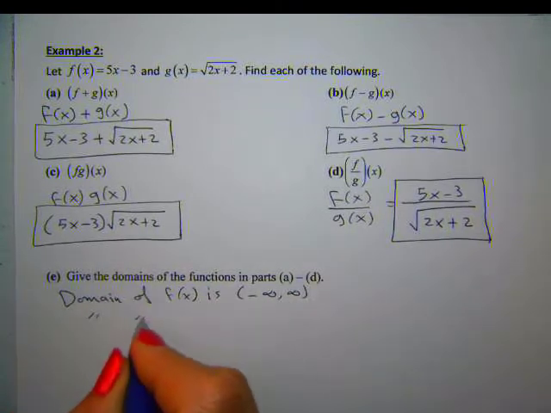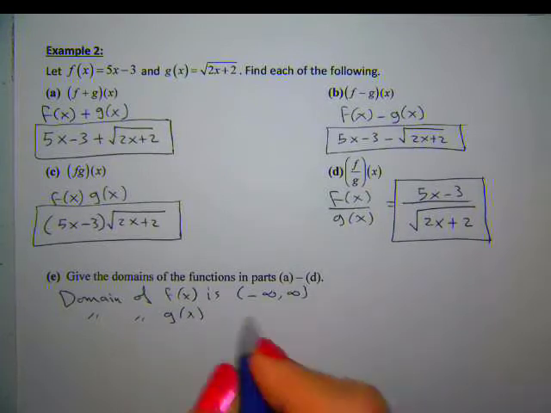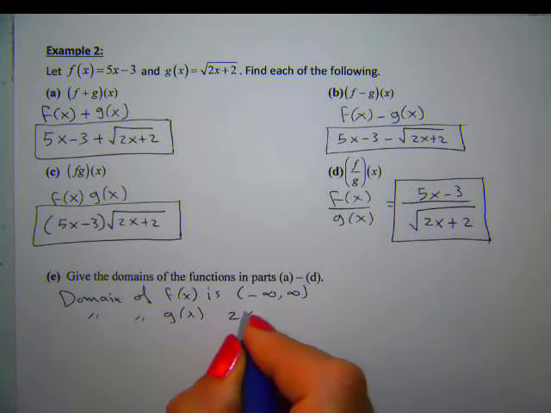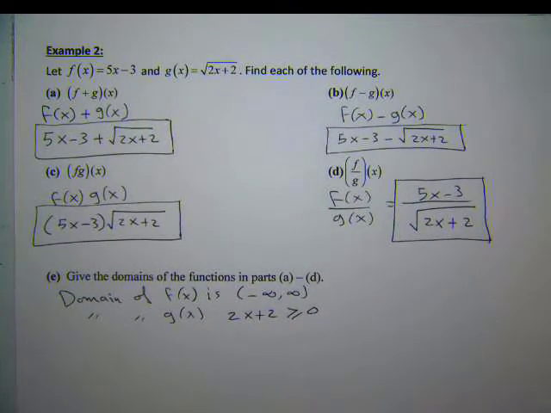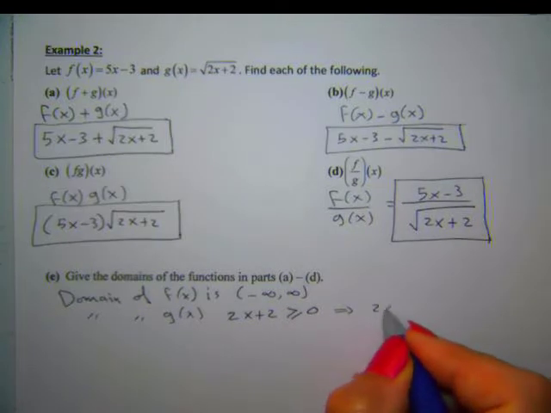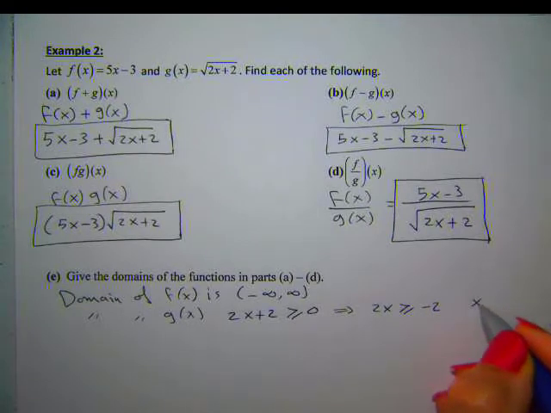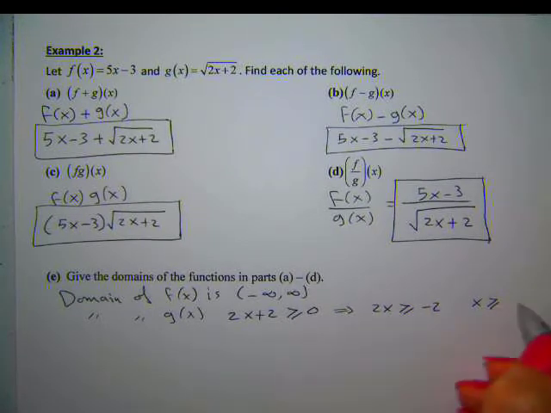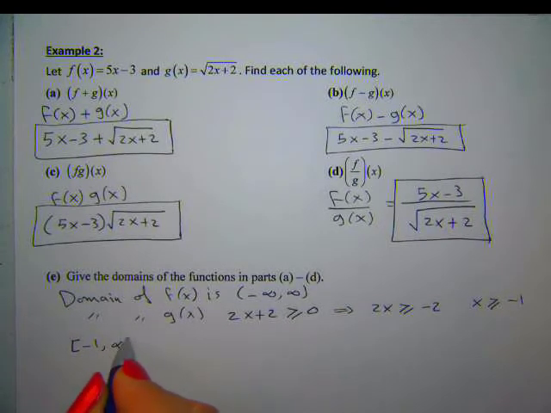Now the domain of g of x: remember how we find the domain when we have a square root. Everything inside the square root has to be nonnegative, because we cannot take the square root of a negative number. Solve this inequality. 2x is greater than or equal to negative 2. Divide by 2 to get x is greater than or equal to negative 1. So that is from negative 1 to infinity.